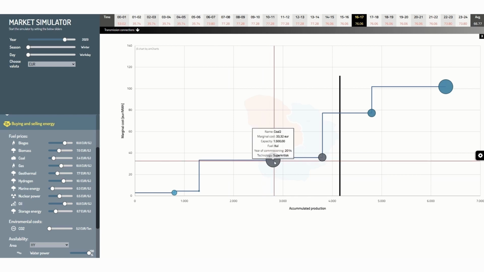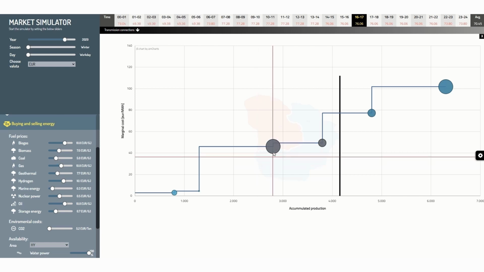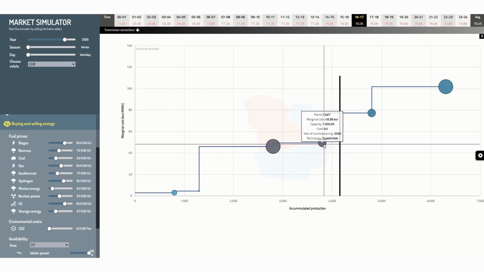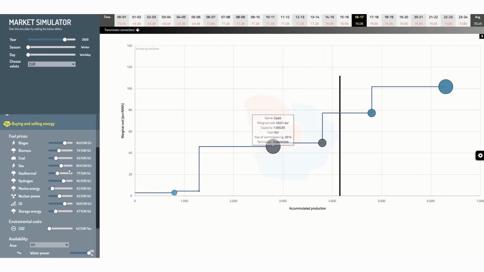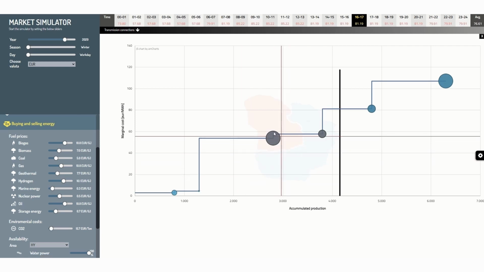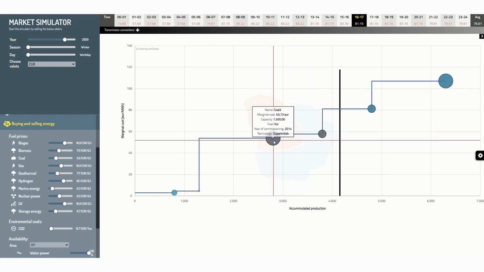If, for instance, this is a coal-fired unit and I say that the coal price will increase to, for instance, 5 euros per megawatt hour, then you can see that the marginal cost of the coal units will increase. And if I say that the CO2 quota price will increase, then all the units that emit CO2 will also see their prices increase.